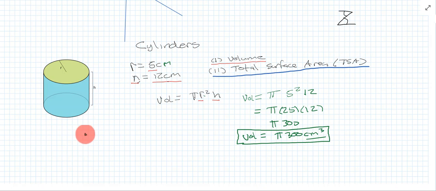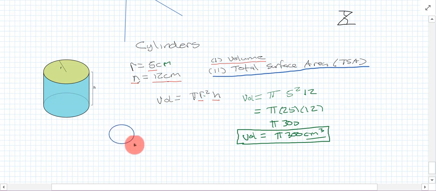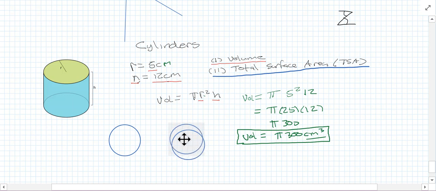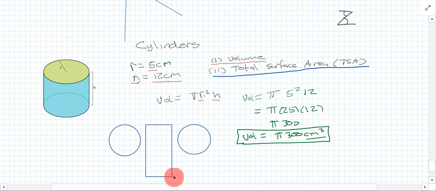If we think about this shape and break it down into a net, you're going to have the top and bottom circles, two circles like that, the top and the bottom. Then you have the part around the cylinder, which would be a rectangular shape.